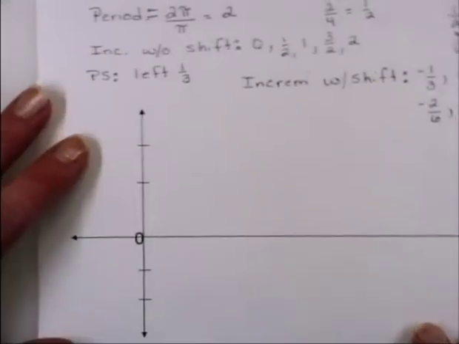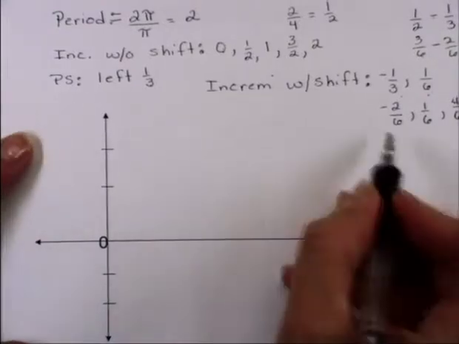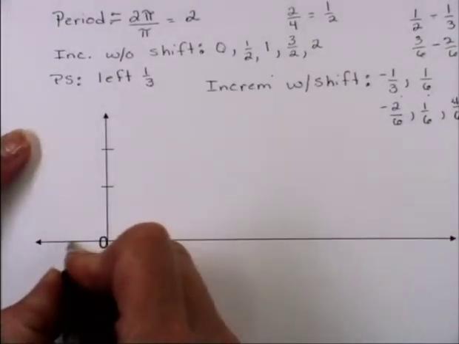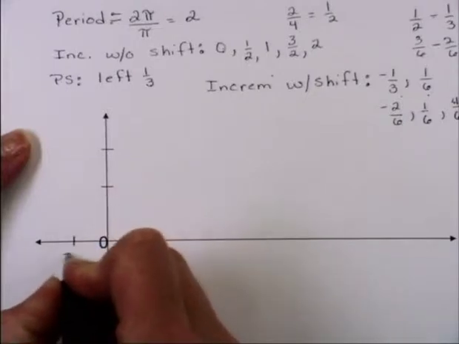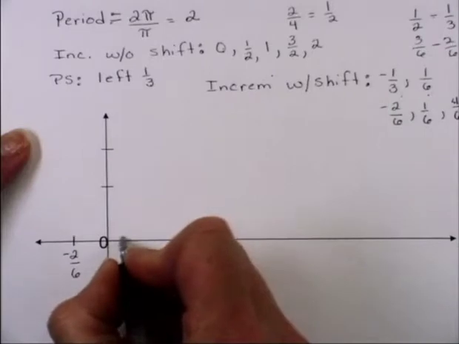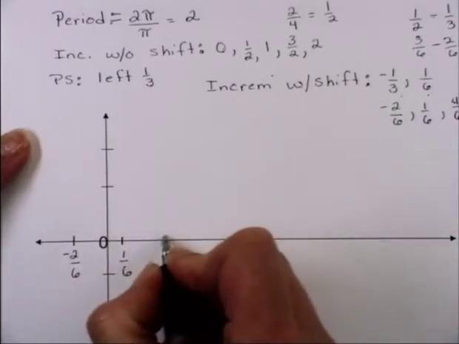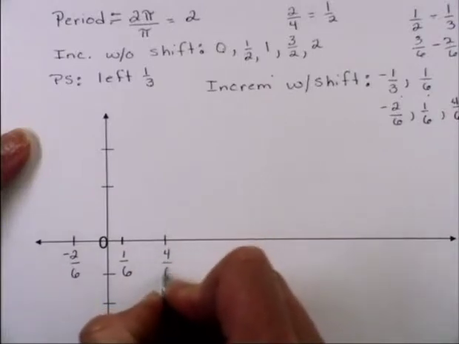So let's take a look down here. Putting in our increments, negative 2/6, and then my next one is 1/6, and then I can just keep going from there: 4/6.